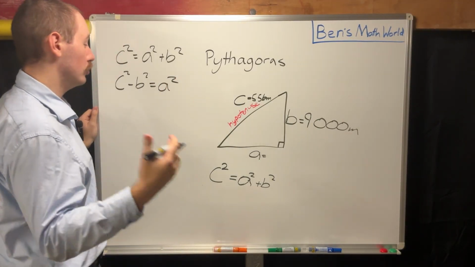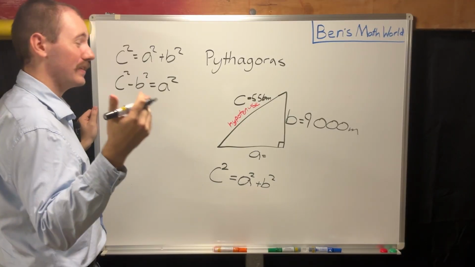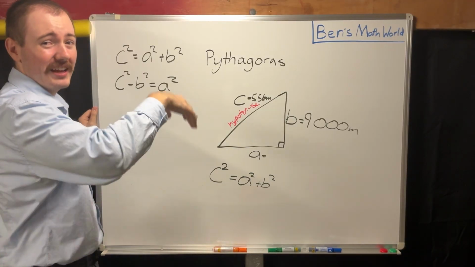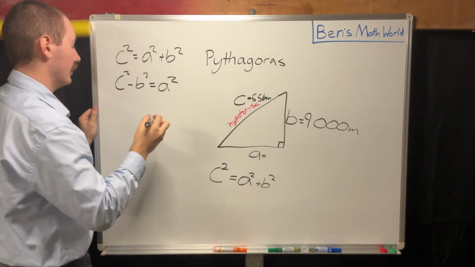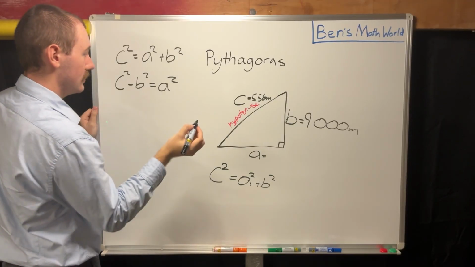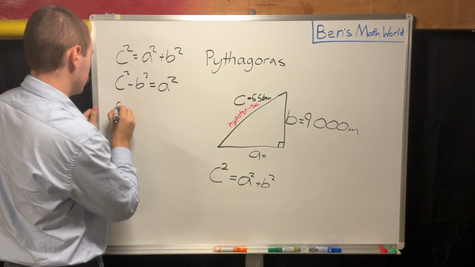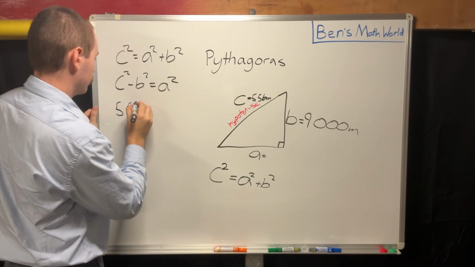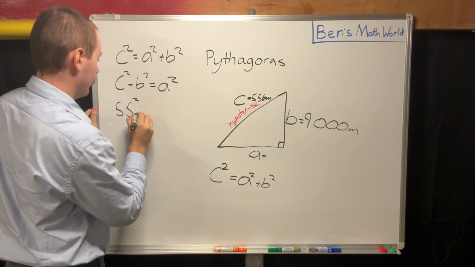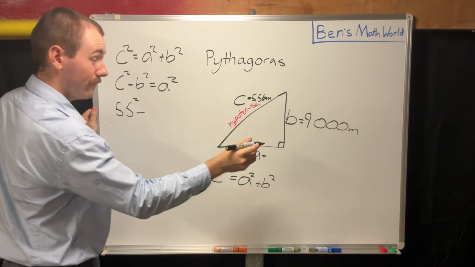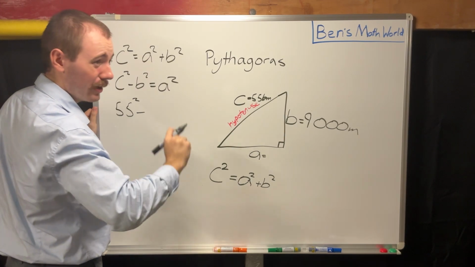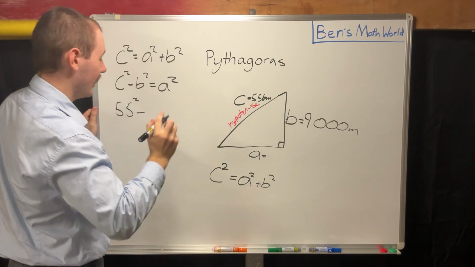And there we go, just like that, we've isolated the A. Now we can do what we did in those previous questions. We can just plug it in, square root, and solve. Okay, so let's go ahead and do that. So C squared is equal to 55 kilometers. And B is equal to 9,000 meters. 9,000 meters to kilometers is going to be 9 kilometers.